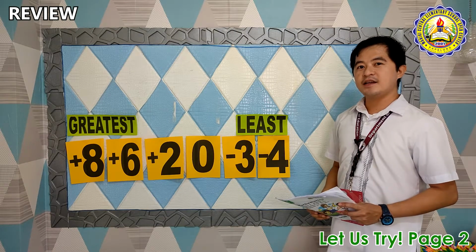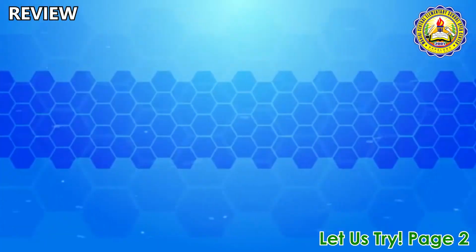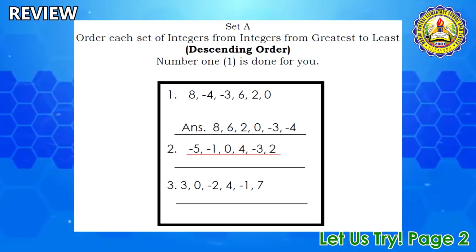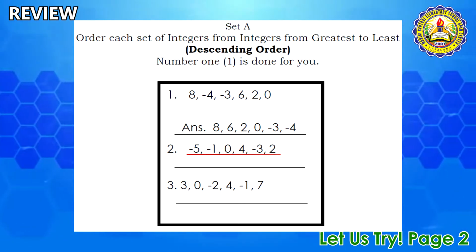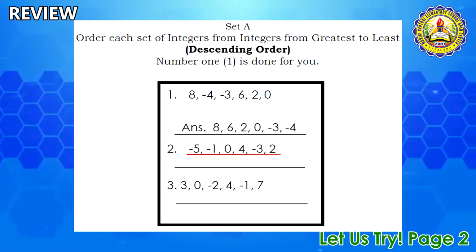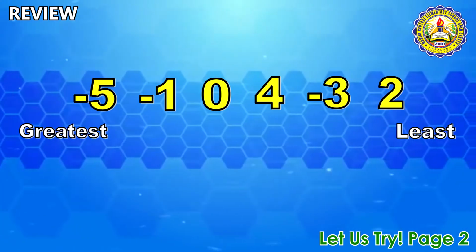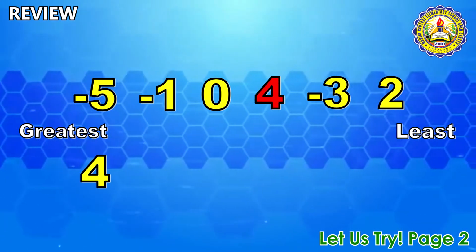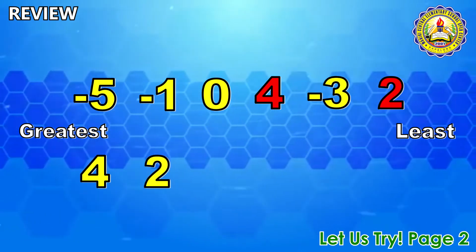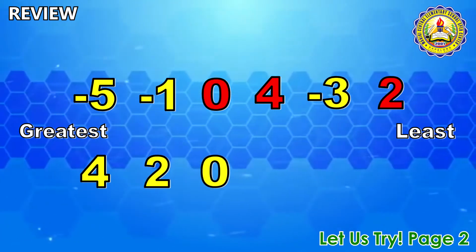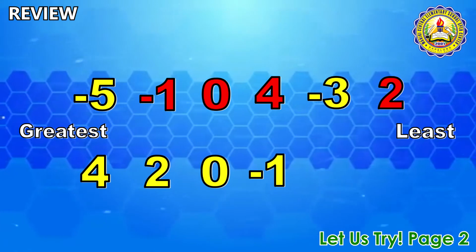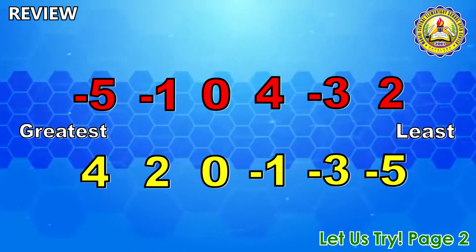Now, let's try number 2 and 3 on your module. Negative 5, negative 1, 0, 4, negative 3, and 2. The correct sequence is 4, 2, 0, negative 1, negative 3, negative 5.